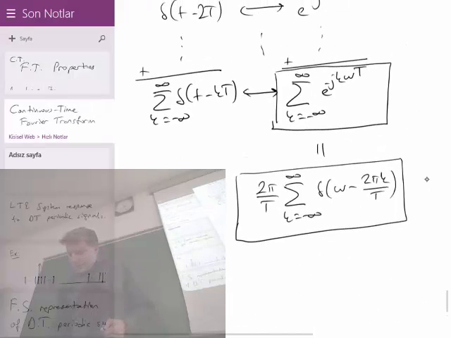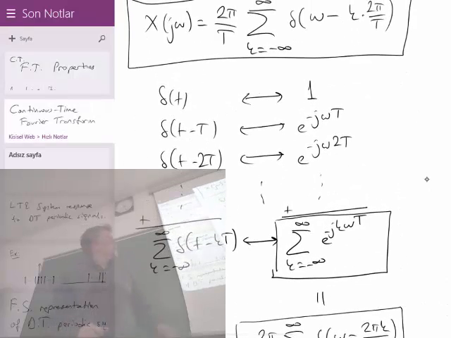It was here. Since delta t's Fourier transform is 1, delta t minus capital T's Fourier transform is e to the minus j omega capital T times 1, the previous Fourier transform. If it is delta t minus 2T, then it is e to the minus j omega 2T times 1. That's the shifting property that we have already used in the previous example.